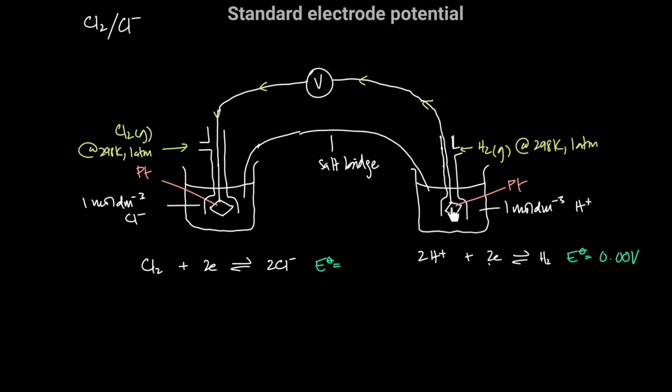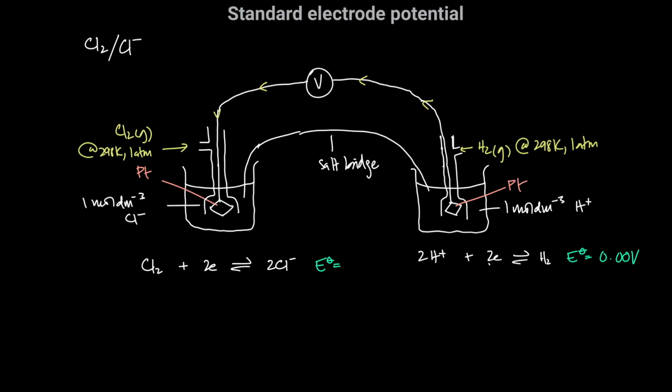Which tells us that our oxidizing agent here is chlorine. Chlorine is accepting electrons, it's undergoing reduction, that's going to be our oxidizing agent, and hydrogen is losing electrons, it's going to be our reducing agent.